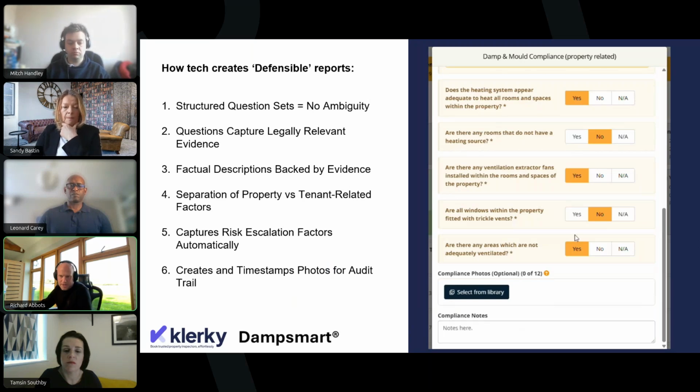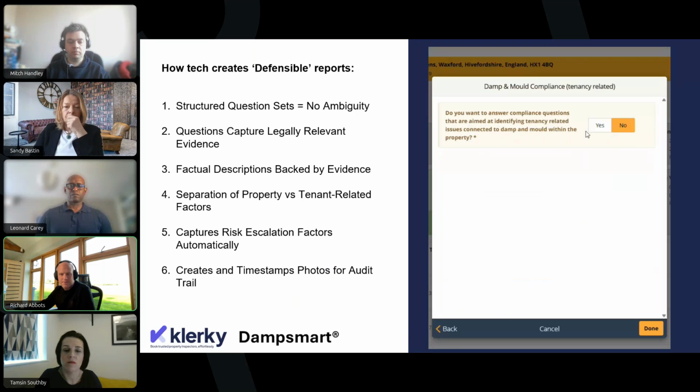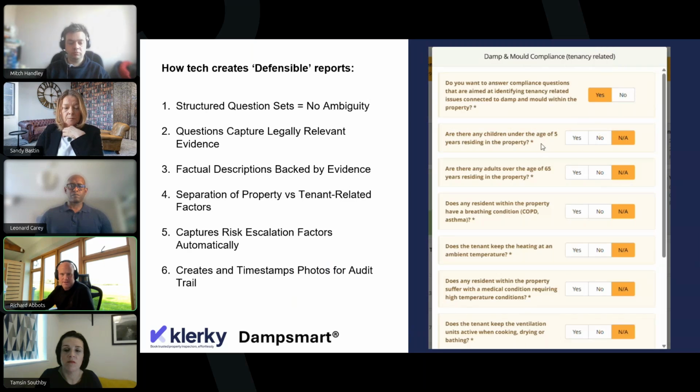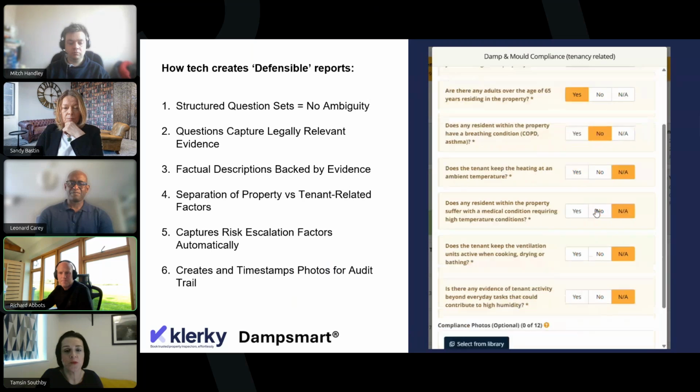The second point being that questions capture legally relevant evidence. The report isn't just gathering generic observations, it prompts the inspector for specific types of evidence required under the legislation. So for example, it will ask, is there visible damp, mould, mildew or condensation on the ceilings or the walls?